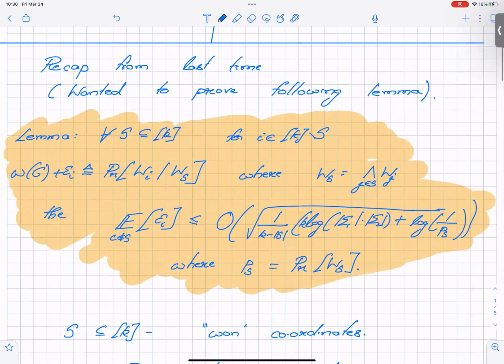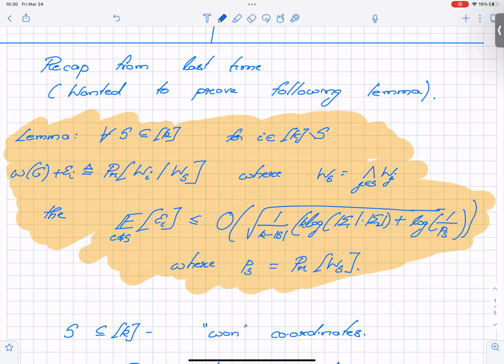It's basically because this is what we will prove, and we'll be dividing it by K minus mod S. Those are the expectation coordinates. Now, if S was almost everything, this is not going to kill this number here. So I want S to be at most some constant fraction of K.